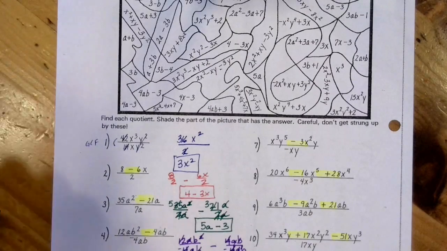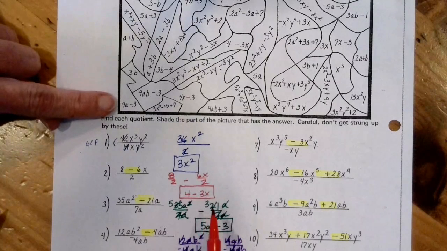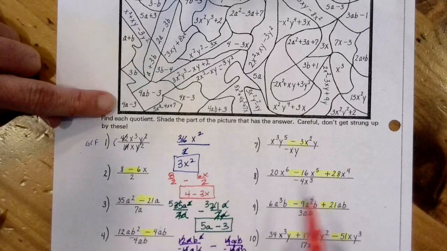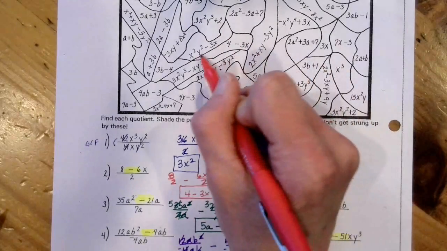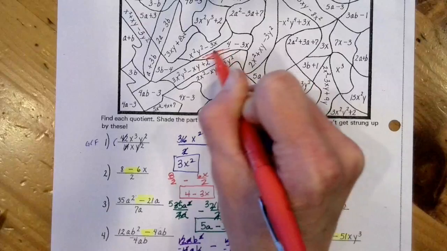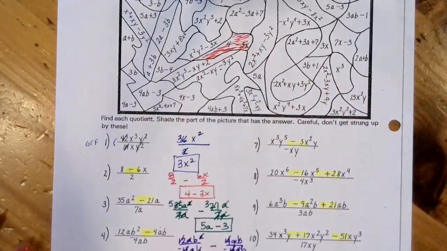How about 4a minus 3, or 4 minus 3x? Do you see it before I do? 4 minus 3x, there it is. So we'll shade this part. And 3x squared.